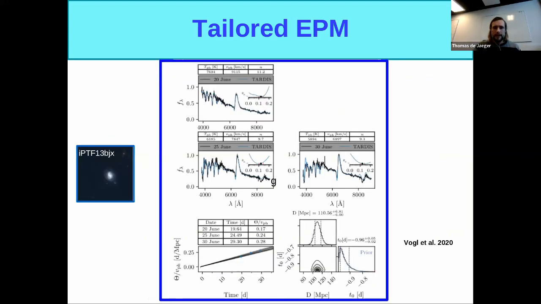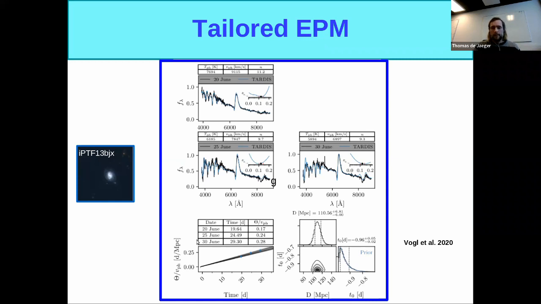So here's an example of one type 2 supernova. You can see there are 3 spectra at 3 different epochs. You can see always in black the observed spectra, and in blue the model, the fit. And you can also obtain the total extinction here.